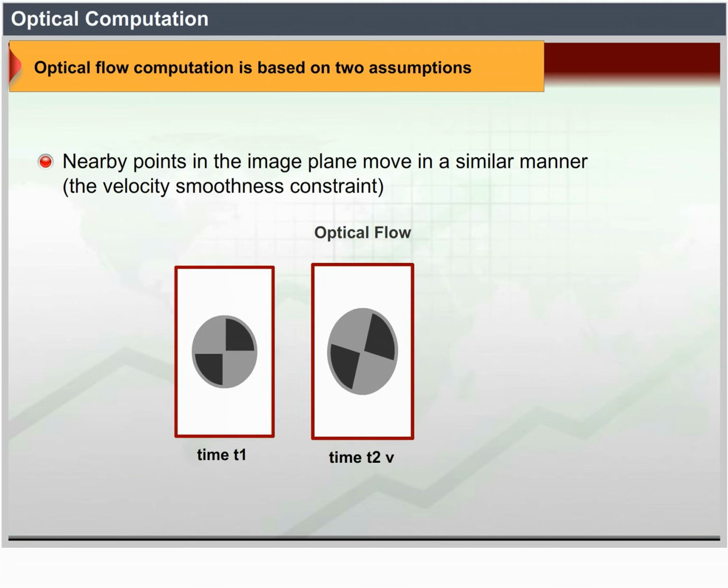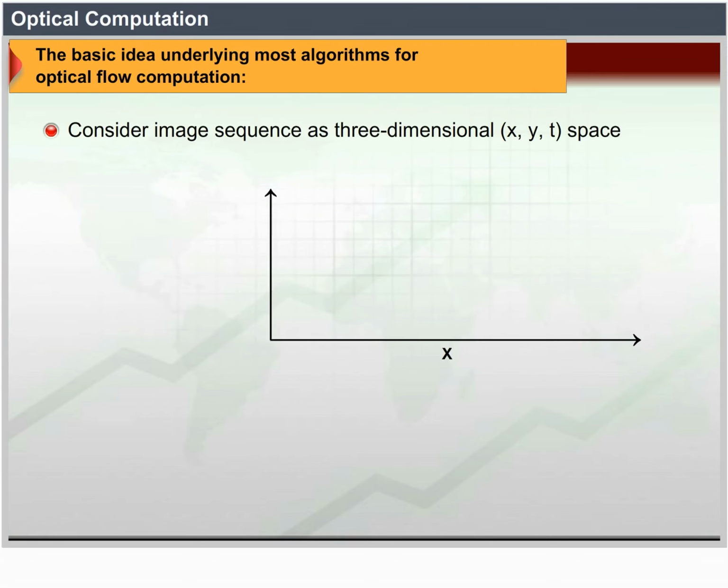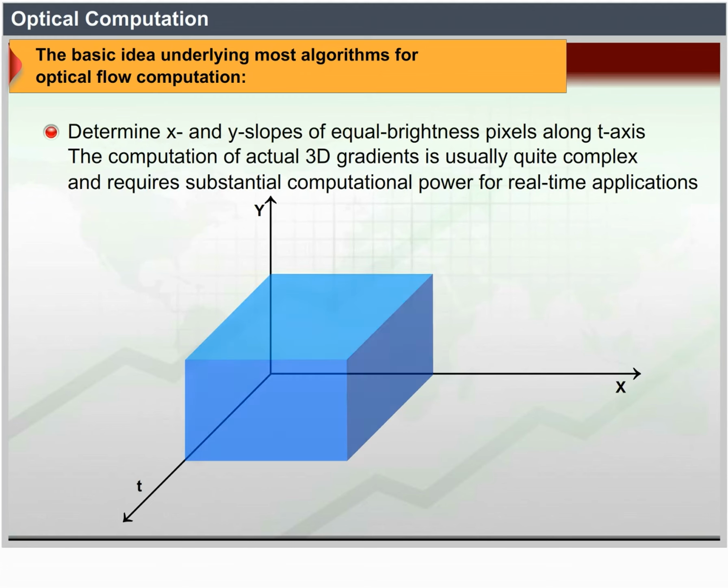The basic idea underlying most algorithms for optical flow computation: regard the image sequence as a 3-dimensional (x, y, t) space, and determine x and y slopes of equal brightness pixels along the t-axis. The computation of actual 3D gradients is usually quite complex and requires substantial computational power for real-time applications.